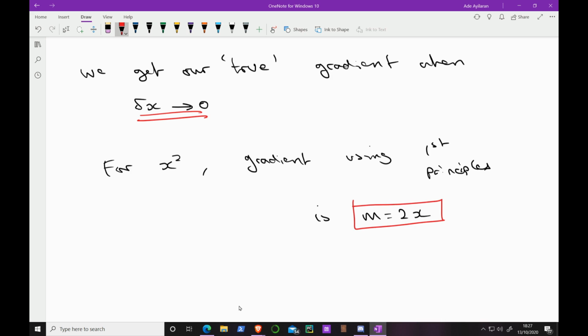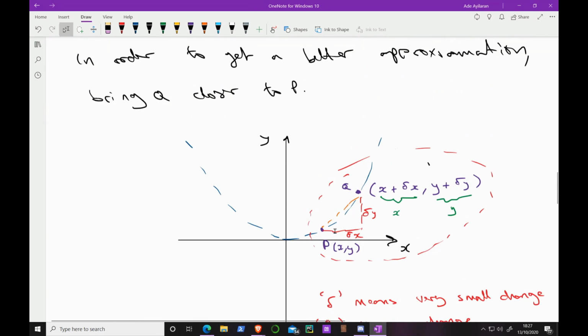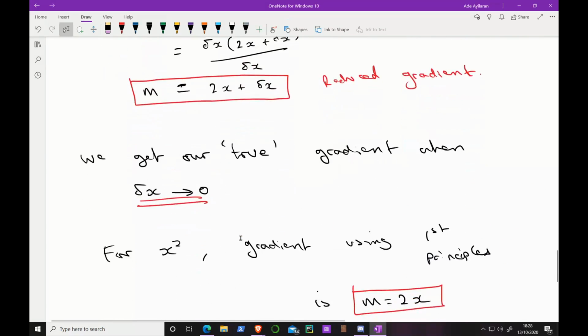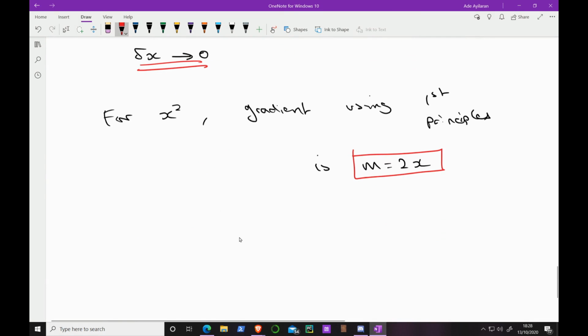So to find the gradient at any point along an x squared curve, it's basically 2 times the value of x. So if I wanted to find the gradient at 3, 9, like we did before.